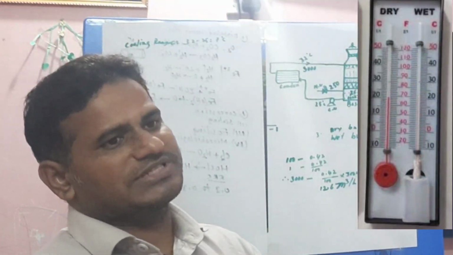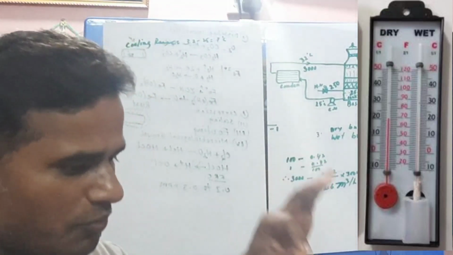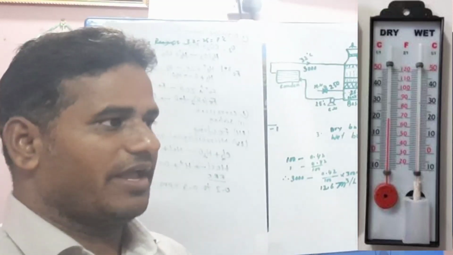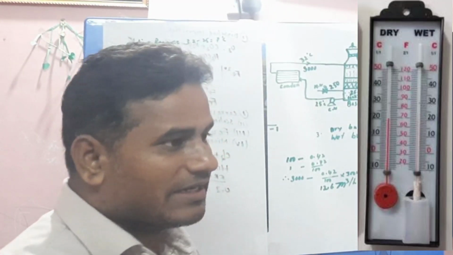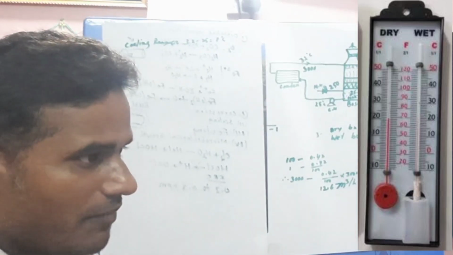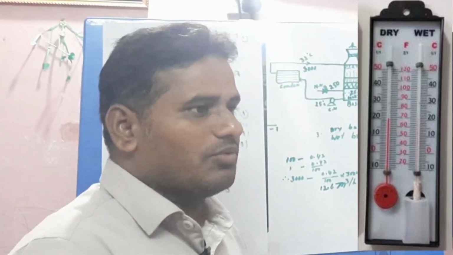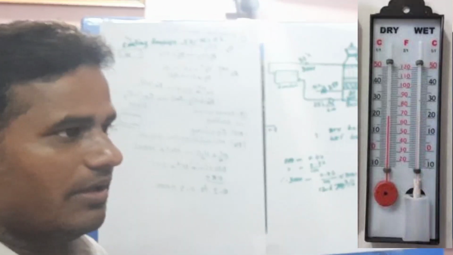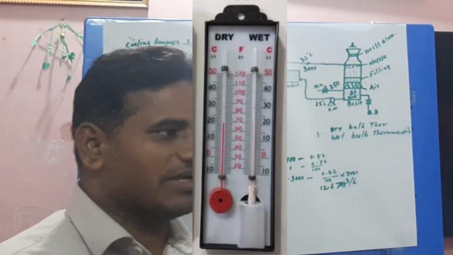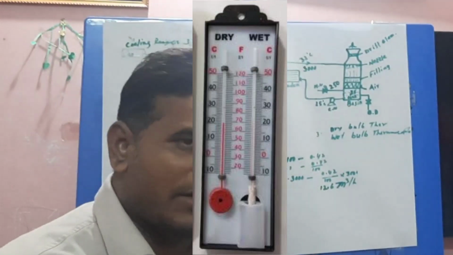If one thermocouple sensor is covered by cloth and put on the water, and if air passes over this water, that time some water will evaporate from this thermocouple sensor. Air temperature will increase and water temperature will decrease.